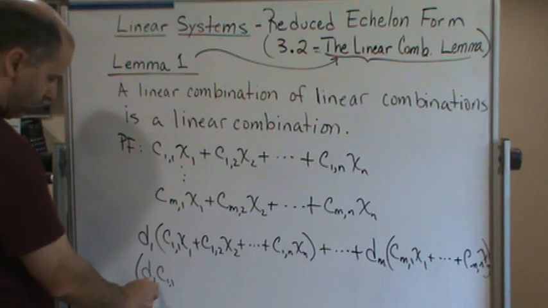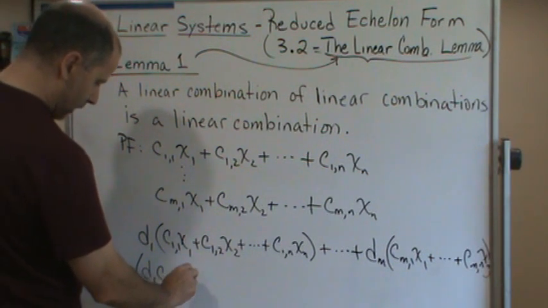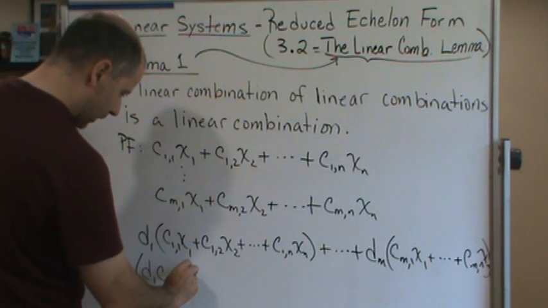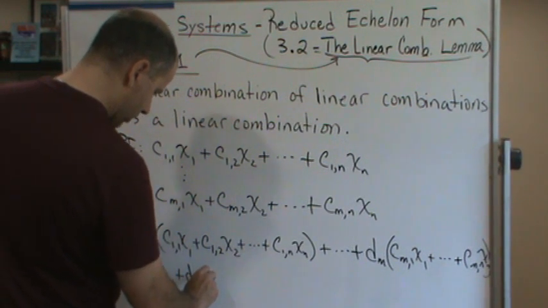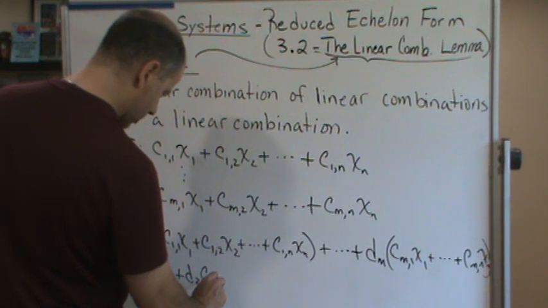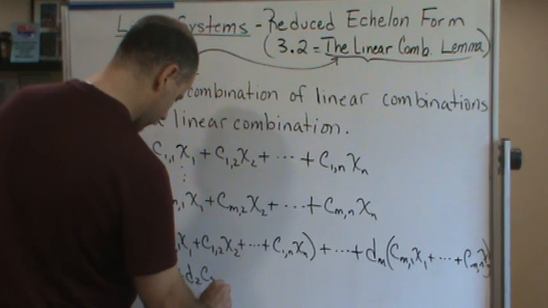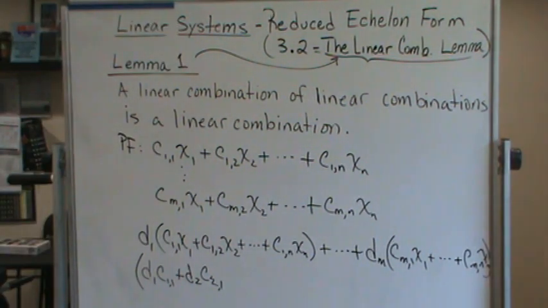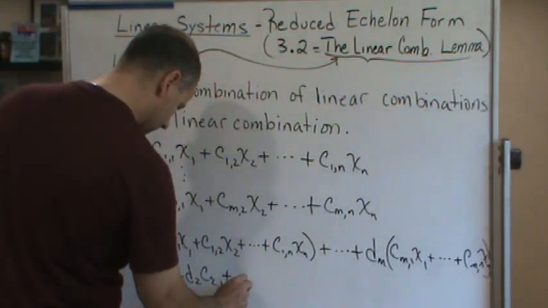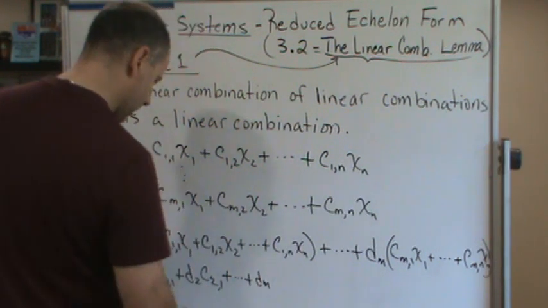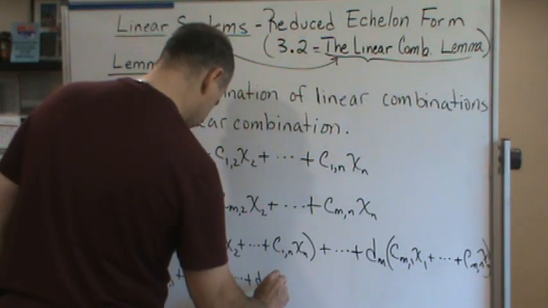I'm going to have d1 times c11 plus d2 times C21, because that's going to be the next one, plus dot dot dot plus dm times cm1.